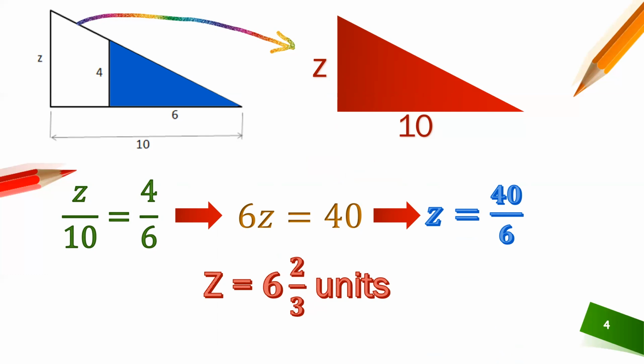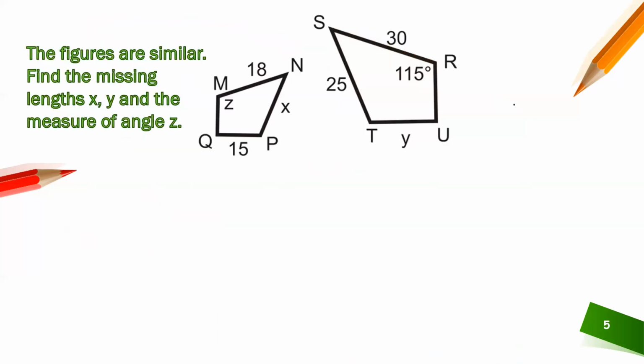Okay, and that's similar right triangles. Now, similar figures don't have to be just triangles, right? It could be any polygon, any shape really, as long as they're the same shape but different in size. All right, so let's look at these two. There's something going on there that's funny.